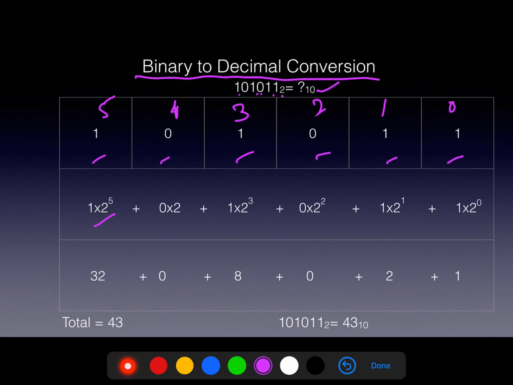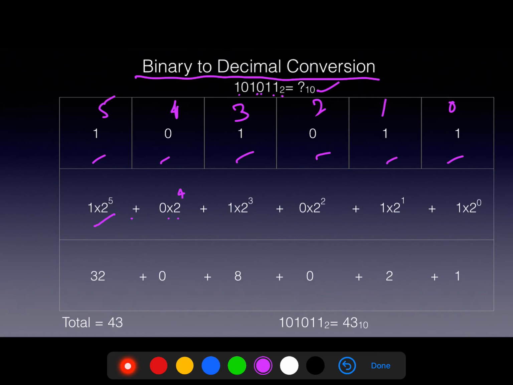So what we are doing here is, here I have 1, so I will multiply 1 by 2 raised to the power 5, plus 0 multiplied by 2 raised to the power, sorry I left out here, that is 4.